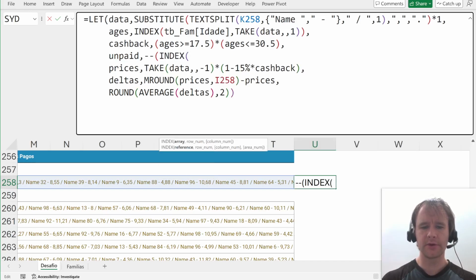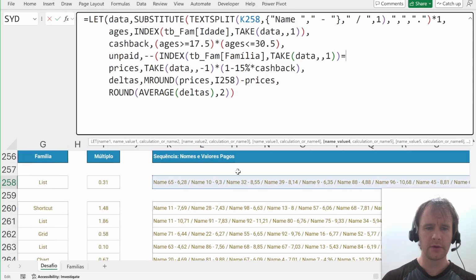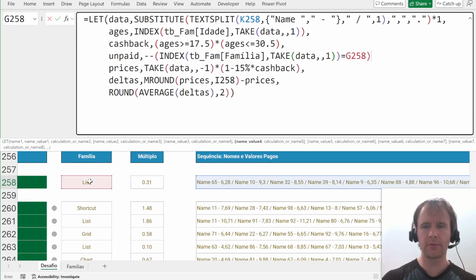What's that table called? TBFAM. Familia. Oops. So index on that by this set of rows. That's the index. It has to be equal to this family over here. Boom, boom, comma. Okay.